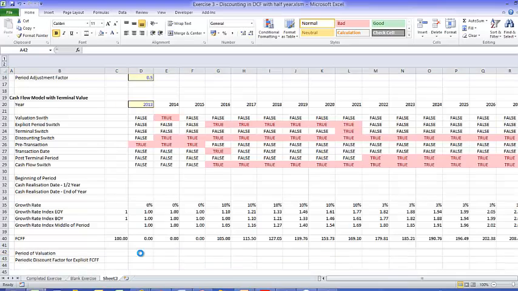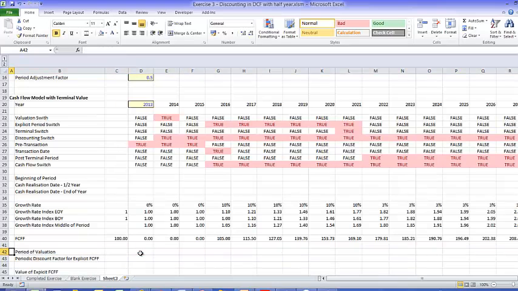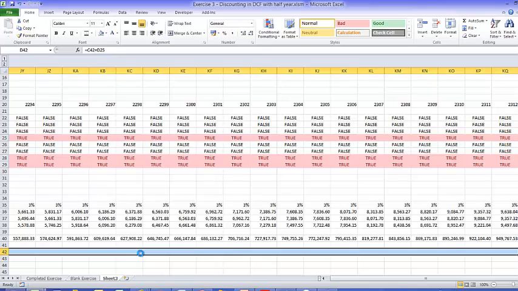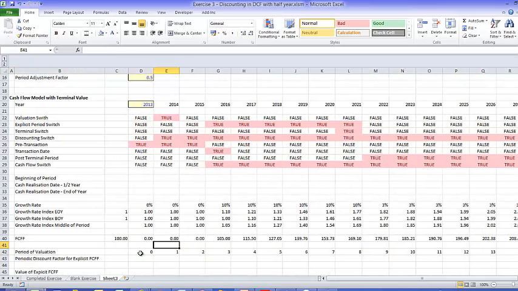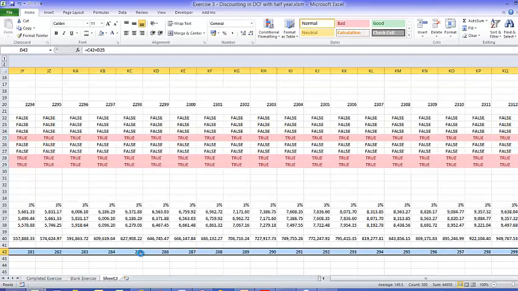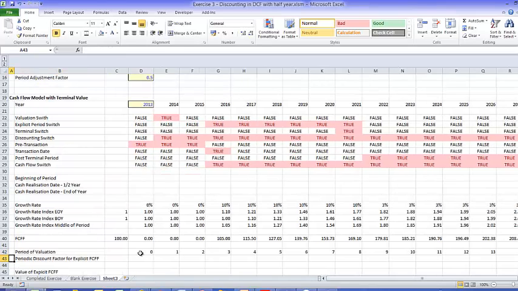Now, we want to start the valuation, and I hope you'll see a little bit why these switches might occur. Let's start this valuation in the discounting switch. So we want to start the valuation in 2014. If we just add the true, this one plus the discounting switch, then we're able to do that.